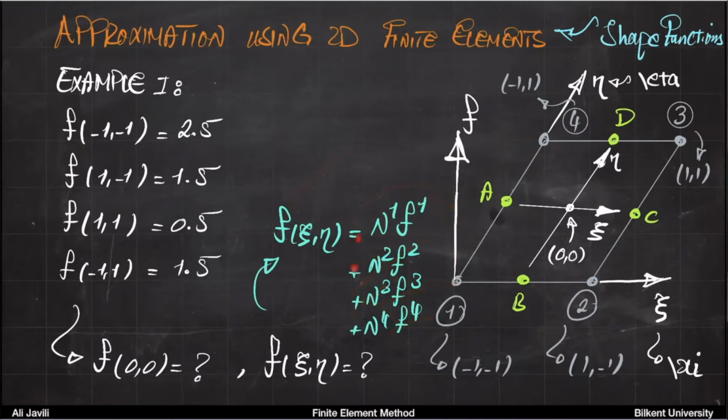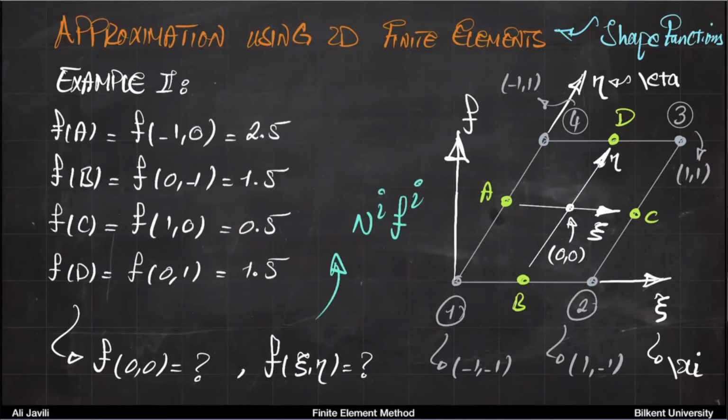So you do this addition, and you get an exact approximation for the 4 corner nodes, and obviously that tells you that your shape function, this approximation function, is exact at the nodes, and everywhere else it's an approximation. Now, you can extend the same story here, but you need to be more careful, okay?